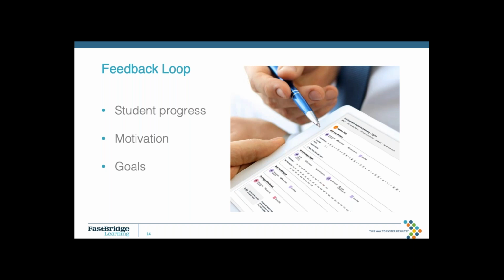Students get to see this too. Students who understand their learning goals understand the purpose of instruction, and this can increase their motivation. Their motivation may also be increased as they see their progress on assessments administered. It can also increase motivation for teachers because they get to know what their students know and what they don't know that needs to still be taught. It's not a mystery anymore. You can actually see where your students are.